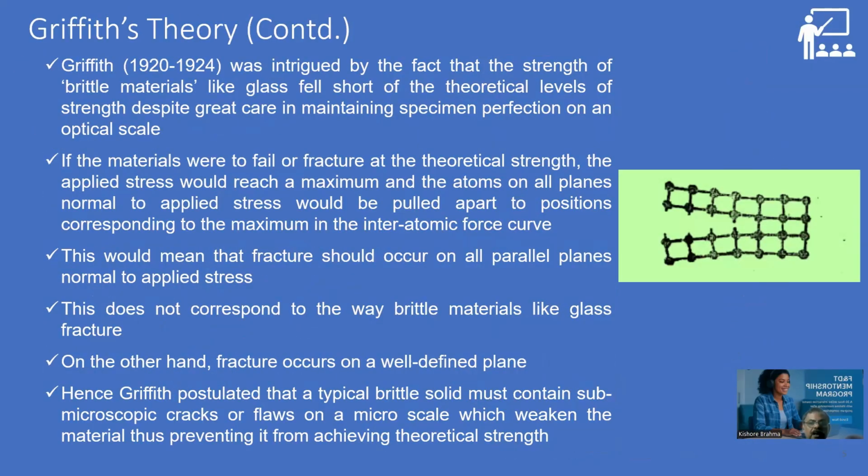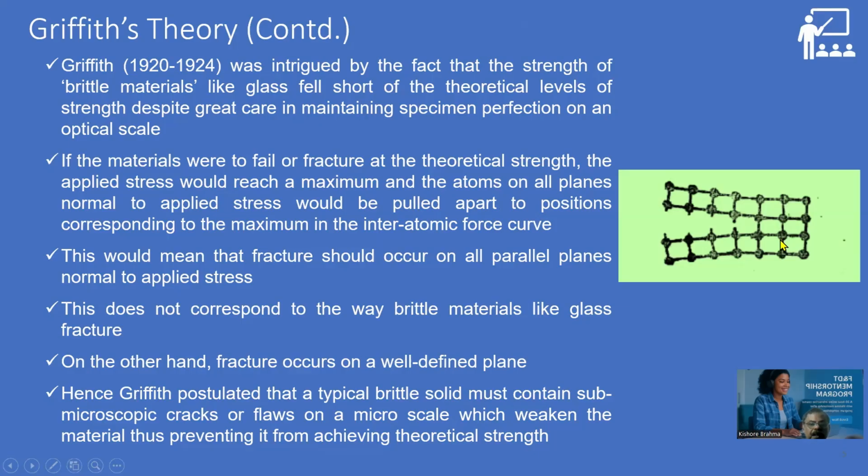How it all started was that he was wondering why the strength of brittle materials like glass fell short of the theoretical levels of strength, despite great care in maintaining specimen proportions on an optical scale. If the material were to fail at the theoretical strength, the applied stress would reach a maximum, and the atoms on all planes normal to the applied stress would be pulled apart to positions corresponding to the maximum in the interatomic force curve.